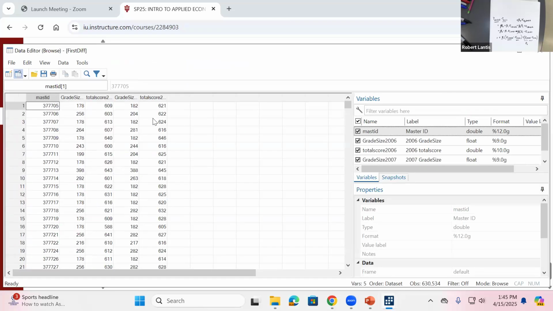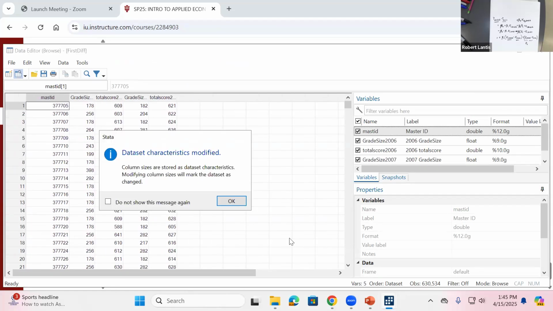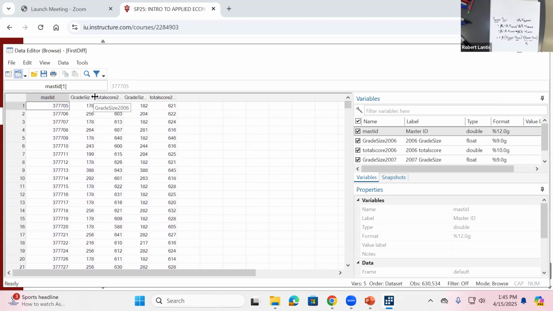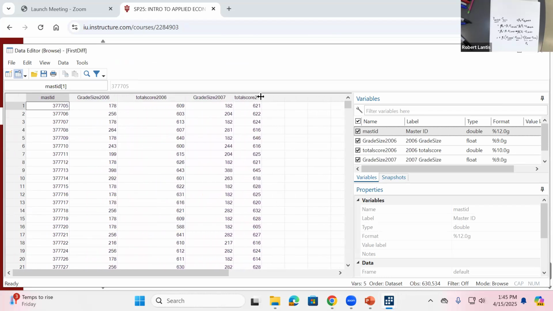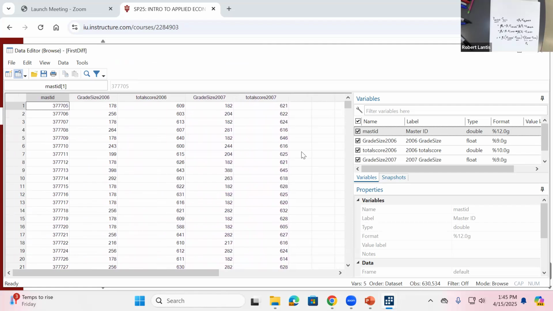If I look at it, and I might show you a little bit next class, this is going to be a weird one where I took a panel data set, and just for the sake of this example, I turned it into what looks like a cross-sectional data set. We'll talk more next class about how, if I start with panel data, I can still use the first difference approach.